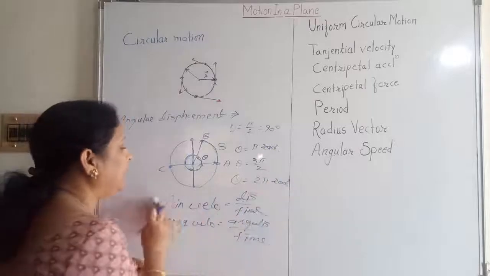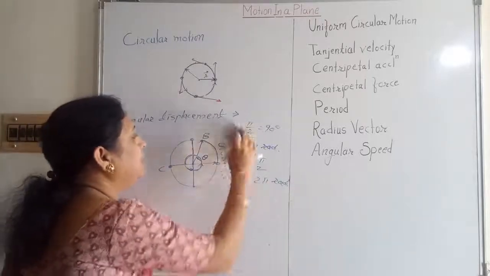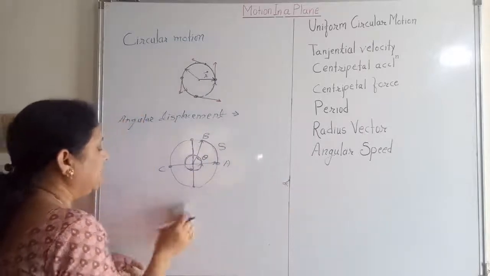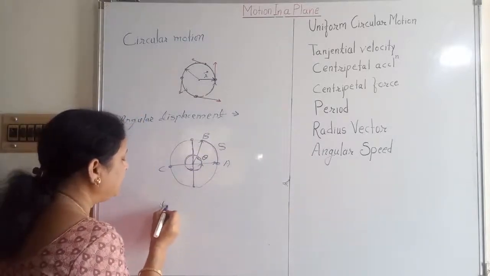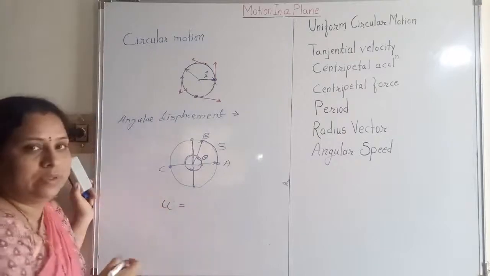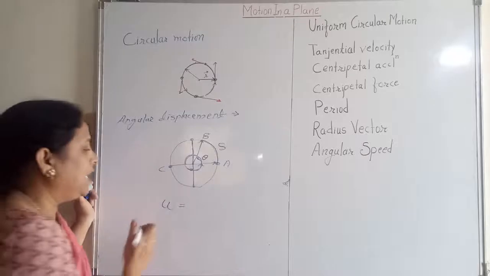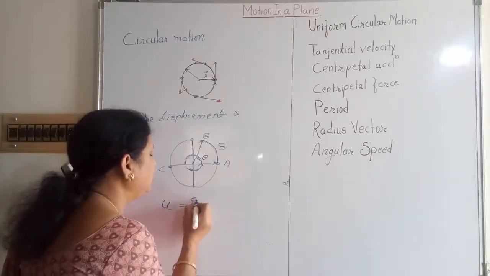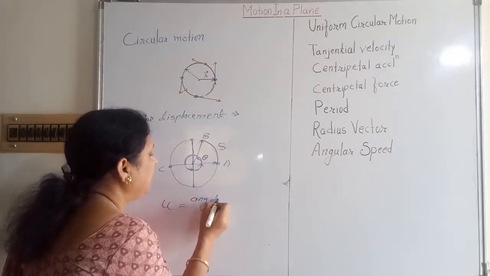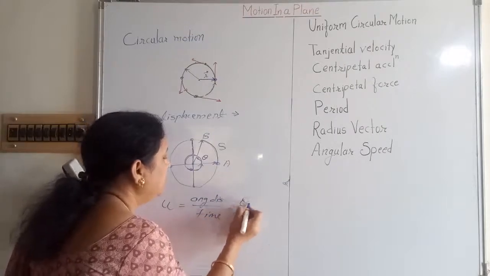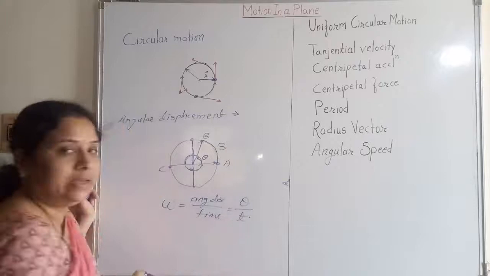Here we take only magnitude, so we call it angular speed. In your 11th class it is given that the angular speed is denoted by the quantity omega. It is not called W, we call it omega for the angular speed, and it is the rate of change of angular displacement. We can say angular displacement upon time, that is theta upon t.